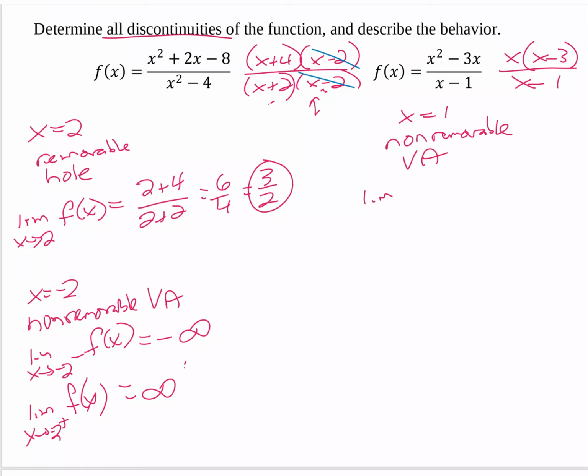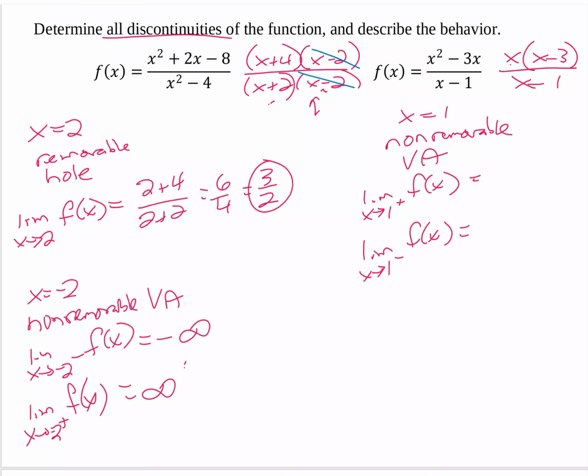Limit as x approaches 1 from the positive side of the graph, and limit as x approaches 1 from the negative side of the graph. So 0.9 minus 1 gets you a negative small number over 0.9 times. So just use logic. This factored form here is actually easier to work with.